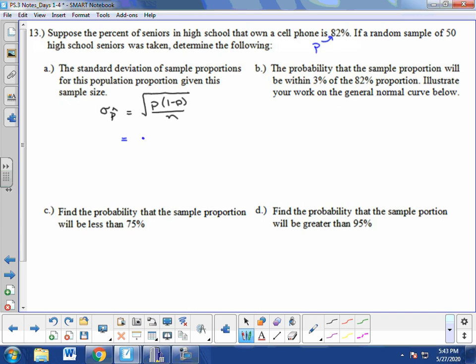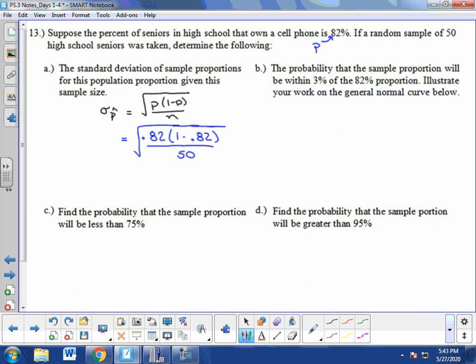That means that's our population proportion. 82% or 0.82 of the seniors have a cell phone. So then in parentheses, we take 1 minus P, so 1 minus 0.82. And then we divide that value by the number of students that were sampled, 50.